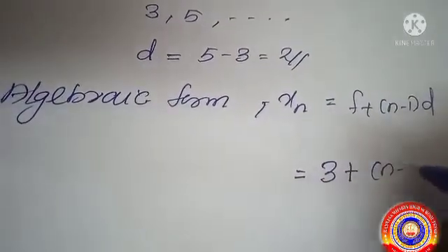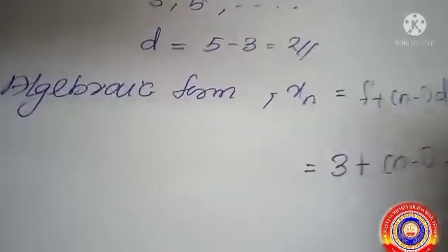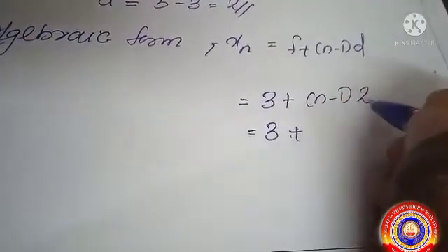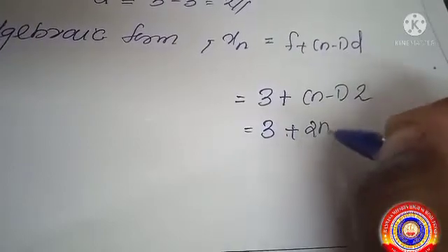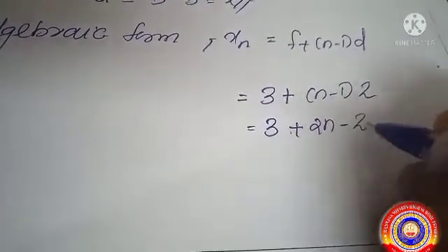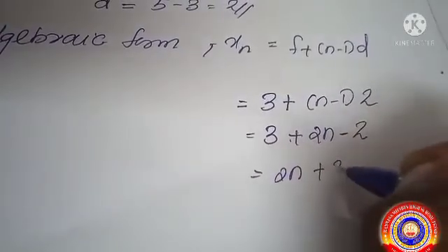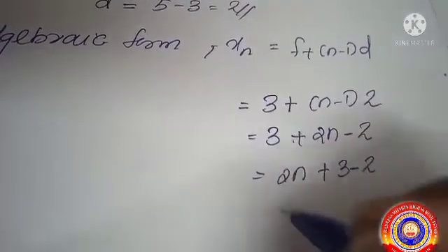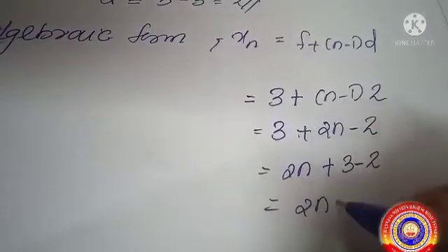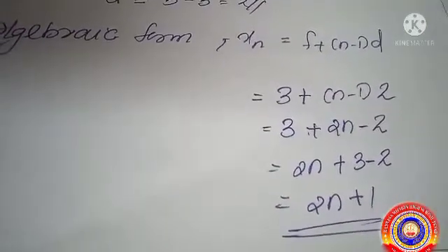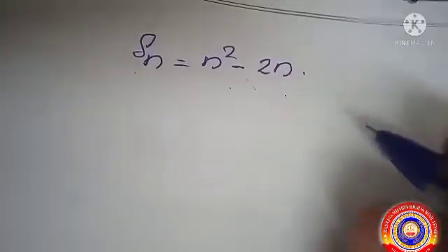That is 3 plus (n minus 1) into 2, which is equal to 3 plus 2n minus 2, which is equal to 2n plus 3 minus 2, which is equal to 2n plus 1. So the algebraic form of the sequence is 2n plus 1.